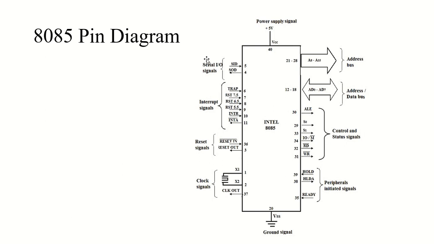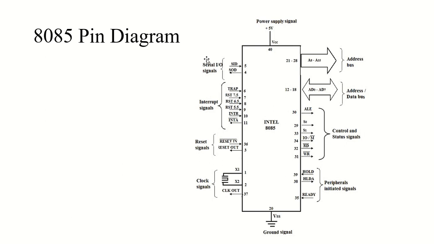After the reset, the status of the internal registers and flags is unpredictable. The CPU is held in the reset condition as long as reset in is applied. After the reset, the microprocessor starts executing instructions from 0000H onwards. So use reset very carefully whenever you have to use it.